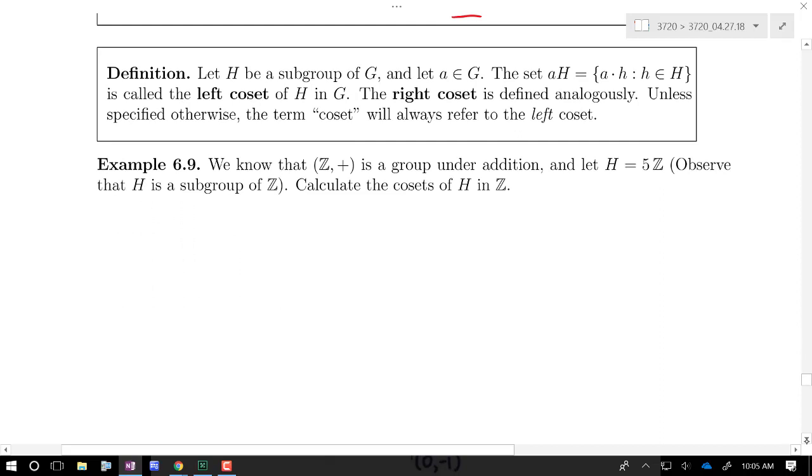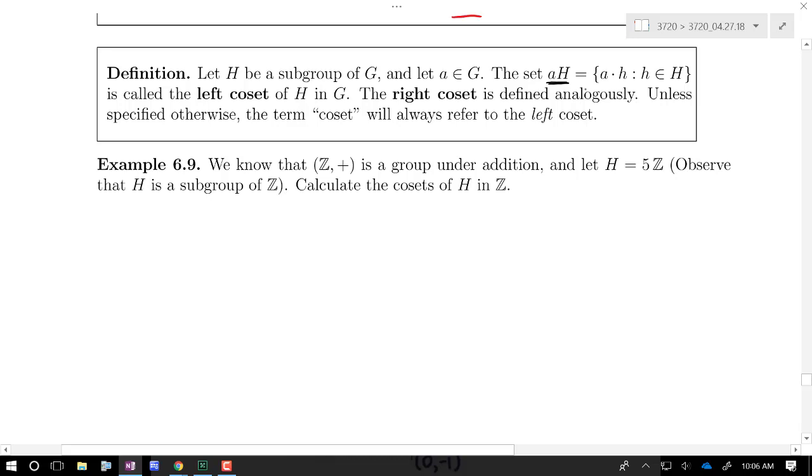So if we have a subgroup of G, not just a subset, but in fact a subgroup, then what we can do is take a look at sets that we can produce by taking elements of the group and finding the product aH.